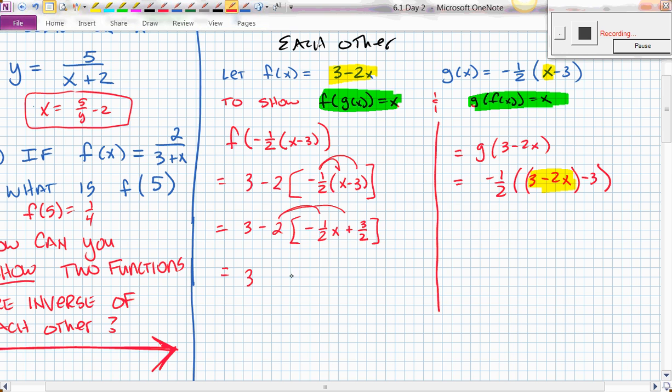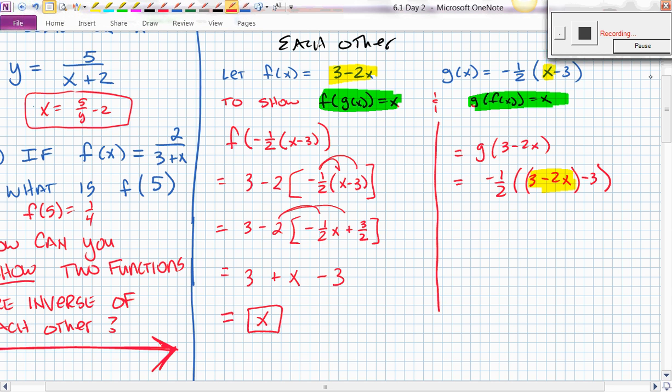This is going to give me 3, negative 2 times negative 1/2 is positive 1, so positive x, and then negative 2 times a positive 3/2 is a negative 3. Therefore, the 3 minus 3 goes away, and I end up with x. Good. So on the other side, I should end up with the same thing. Go ahead and see if you can get it.